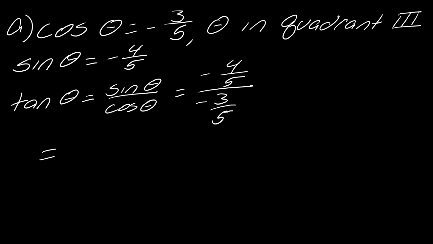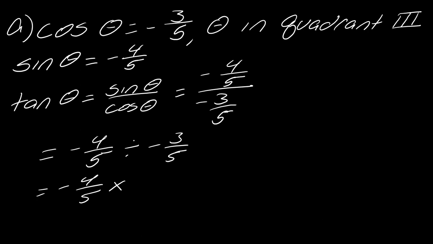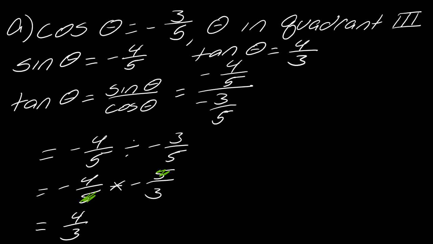If I work this out, this becomes -4/5 divided by -3/5. So that's -4/5 times -5/3. Then I can cancel out my 5's, and I will get 4/3 as my answer. So I'll just note that over here. So my tangent of theta will be equal to 4/3.